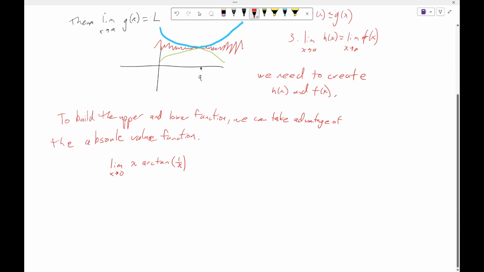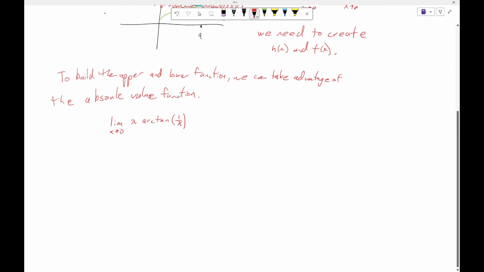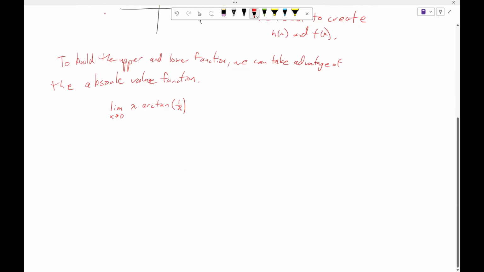This one is slightly different than what we had before. Now, with this arctan of 1 over x, I want to bound it above by something, and I want to bound it below by something.